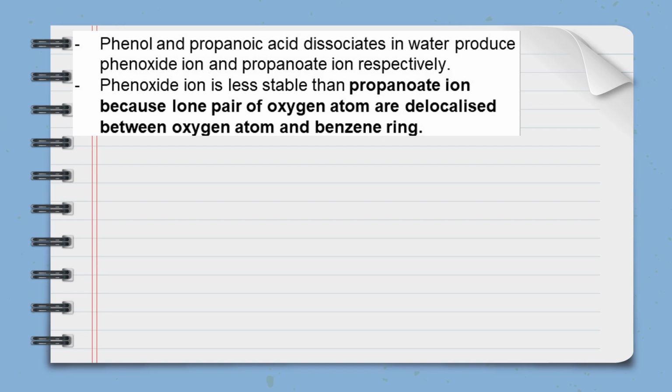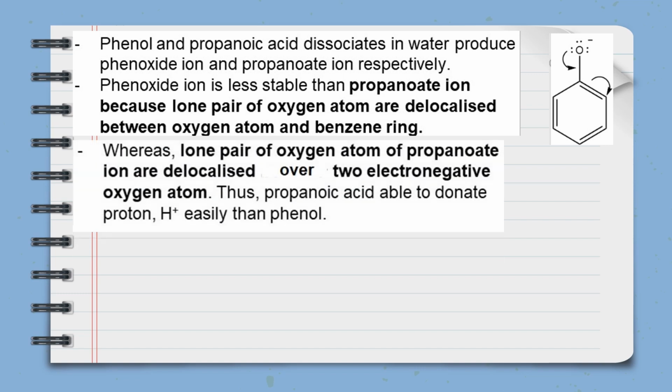Phenoxide ion is less stable than propanoate ion because the lone pair of the oxygen atom is delocalized between the oxygen atom and the benzene ring, whereas the lone pair of the oxygen atom of propanoate ion is delocalized over two electronegative oxygen atoms. Thus, propanoic acid is able to donate proton H plus more easily than phenol.